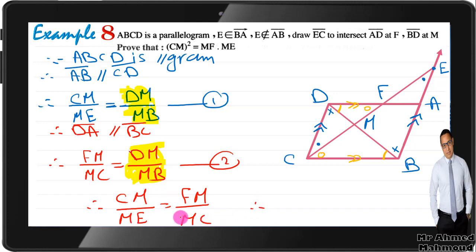Therefore, by making cross multiplication, CM times CM equals CM to the power of 2 equals FM times ME. This dot means times, so CM to the power of 2 equals FM times ME.